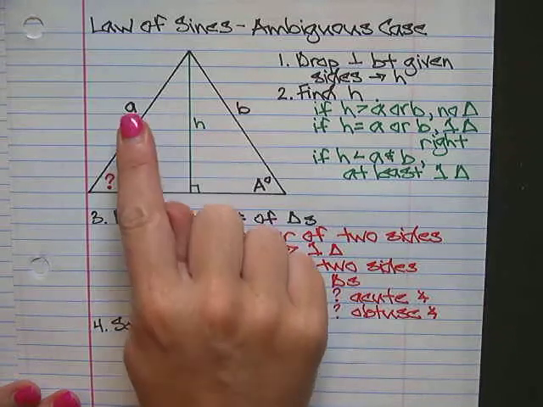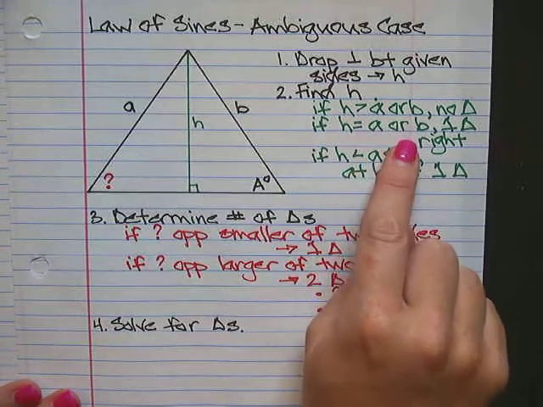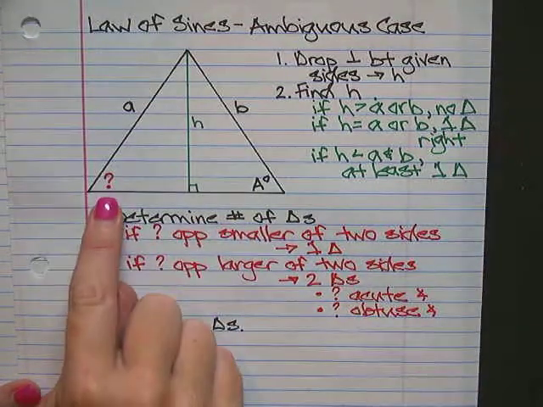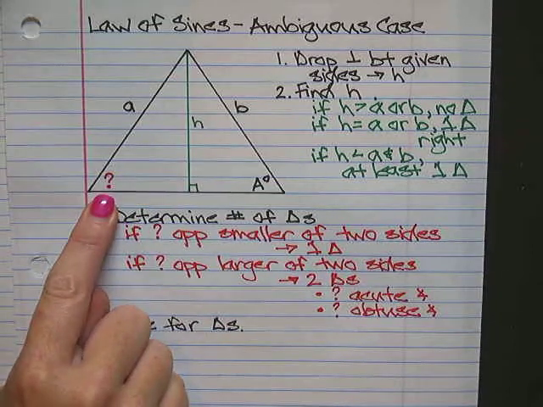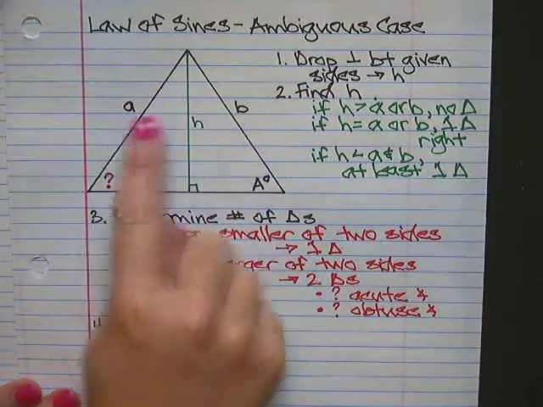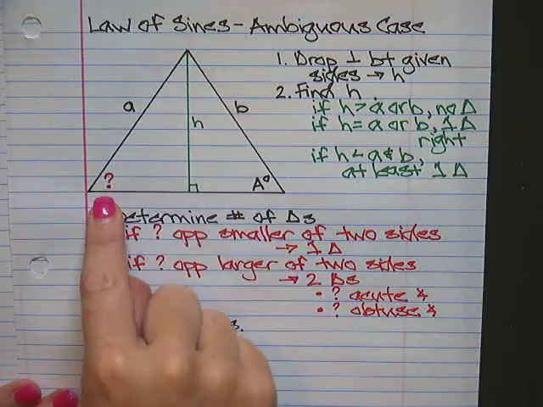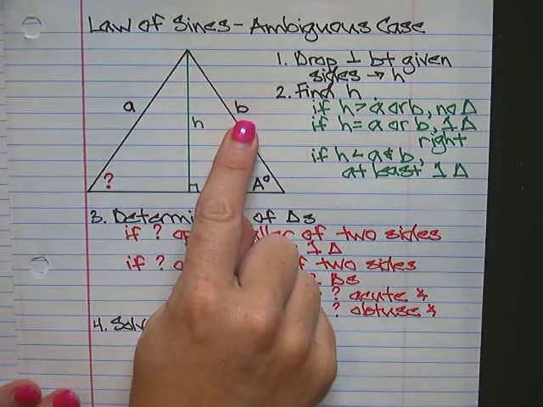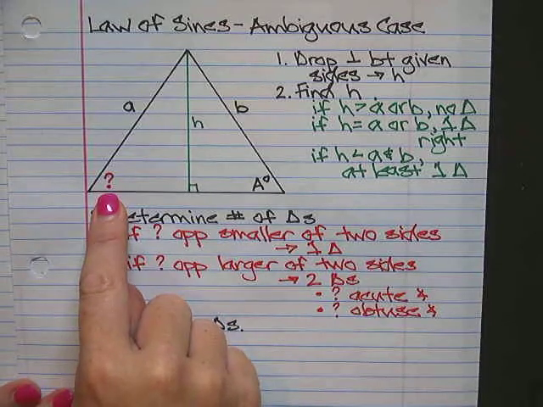So let's look quickly back at our original here. To solve the ambiguous case, we first drop a perpendicular between our given sides and call it h. Then we have to find h. In order for there to be a triangle, in most cases, h is going to be less than both a and b. Remember, if h equals a or b, then you have one right triangle.